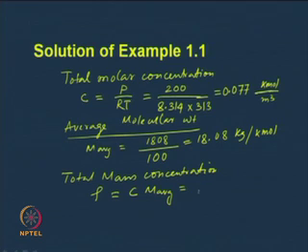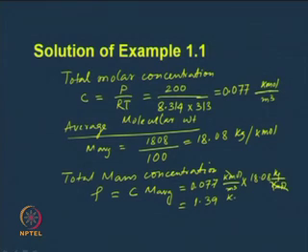C is given as 0.077 kmol per meter cube, multiplied by M average, 18.08 kg per kmol. So kmol cancelled out, and it will be 1.39 kg per meter cube. So, this is the total mass concentration.